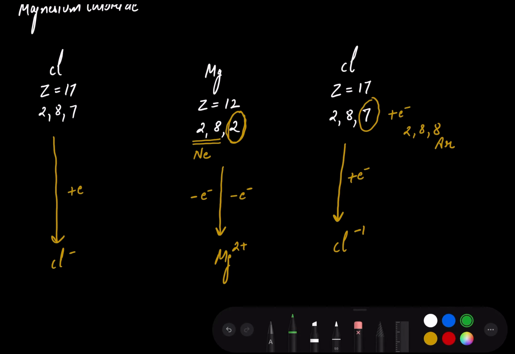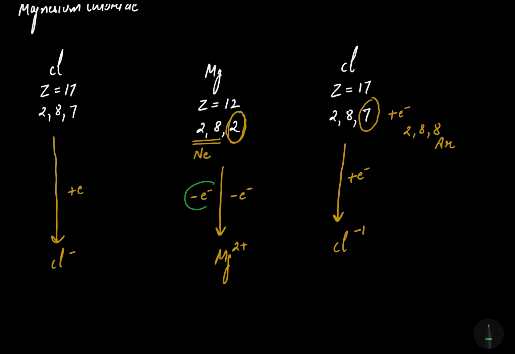This chlorine also will gain 1 electron to acquire 1 unit of negative charge. That means the 2 electrons lost by the magnesium will be gained by 2 chlorine atoms. The electron lost by magnesium will be gained by this chlorine atom, and the other electron lost by magnesium will be gained by the other chlorine atom.